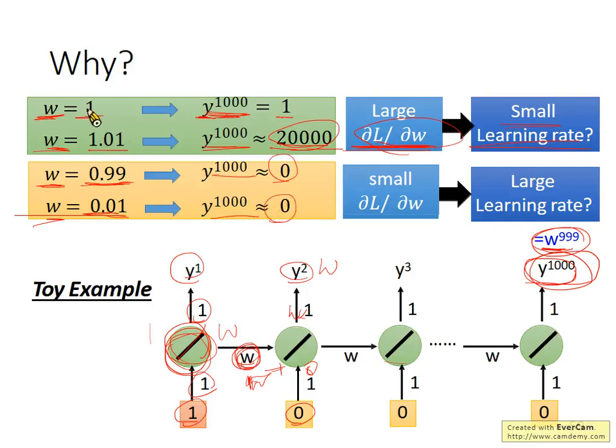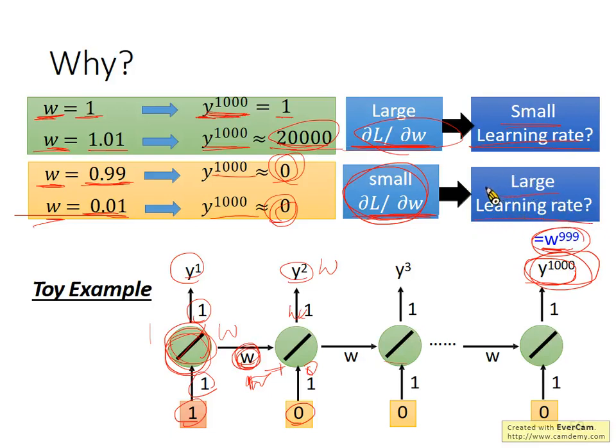So if we just change w from 1 to 0.99, or from 1 to 1.01, the final result will change a lot, and the gradient value will also change a lot. When the gradient value is quite small, we may like to set the learning rate to be large.